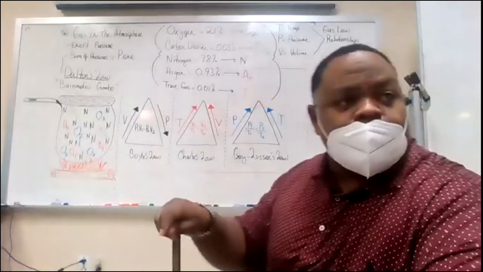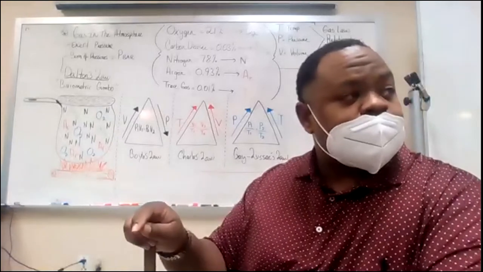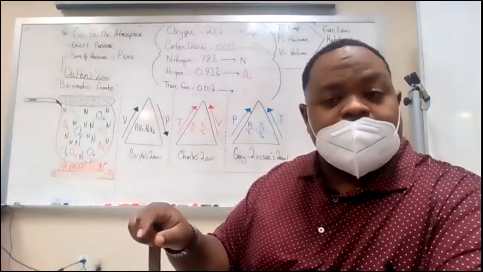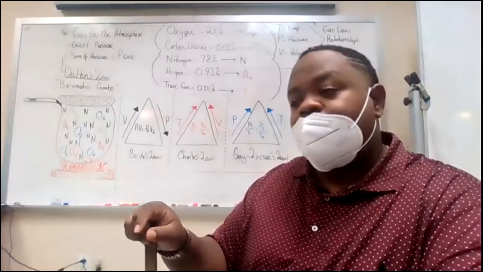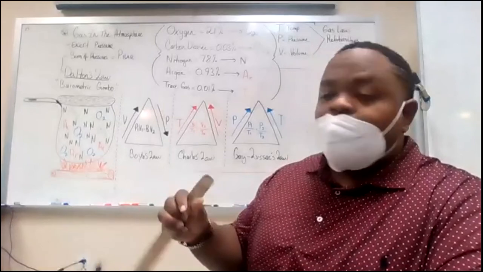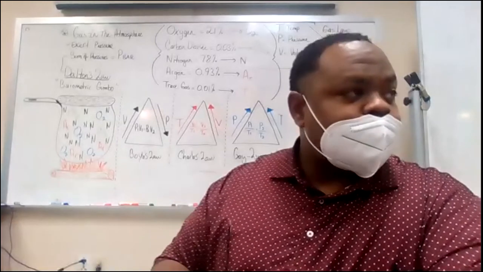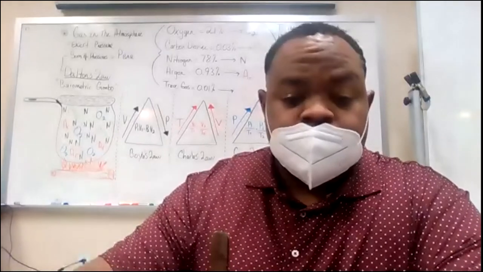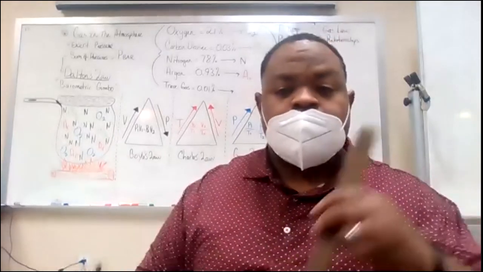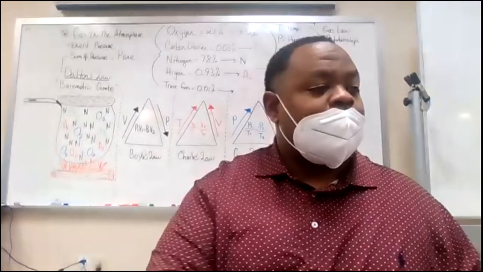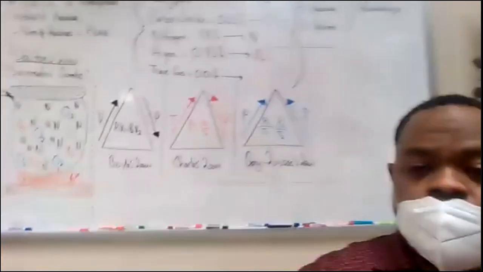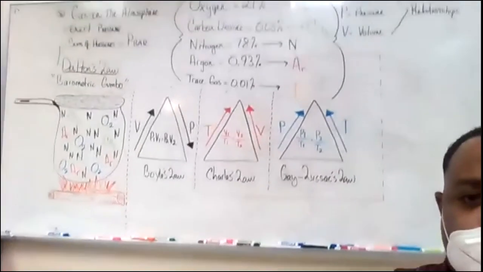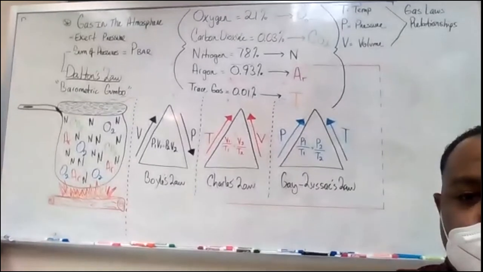What about Avogadro? What does Avogadro say? All these should be on your law sheet with Laplace and Poisson, right? What does Avogadro say? One mole of gas at STP occupies 22.4 liters.